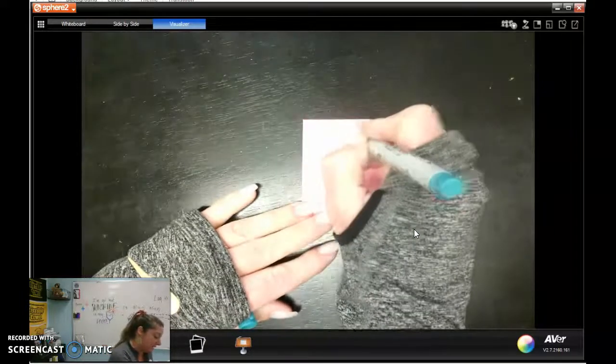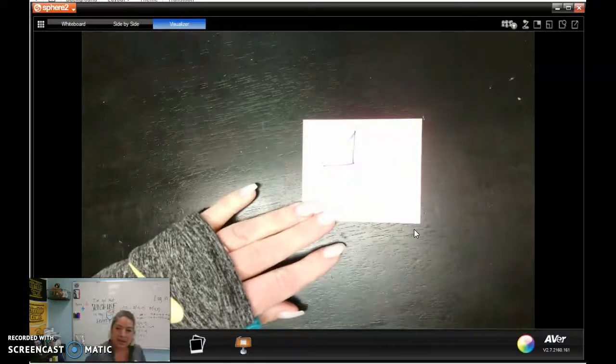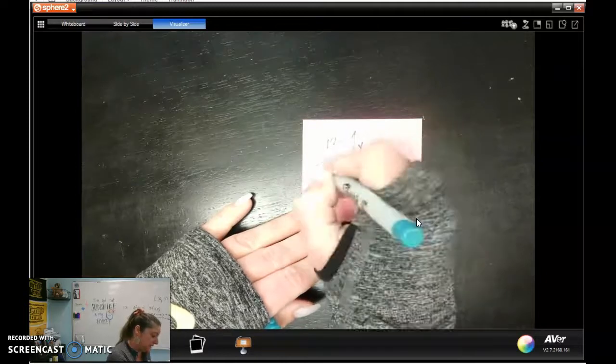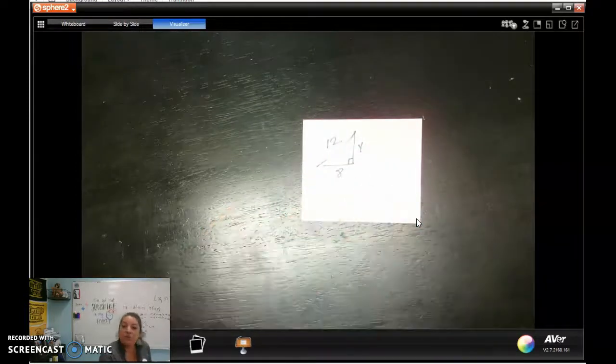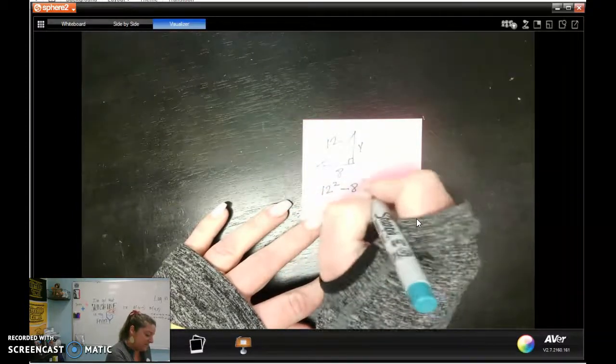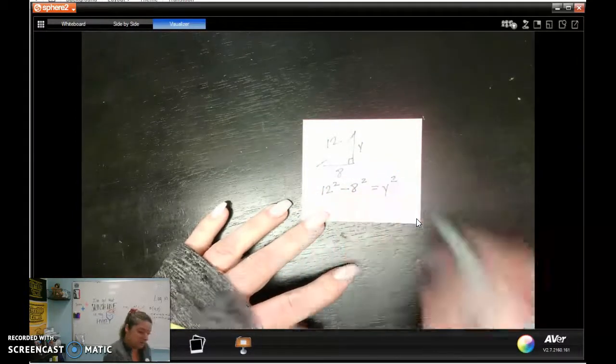Okay, so on that triangle, we had a 12 and an 8, and we're trying to find this side right here. So you're going to do 12 squared minus 8 squared and see what you get.